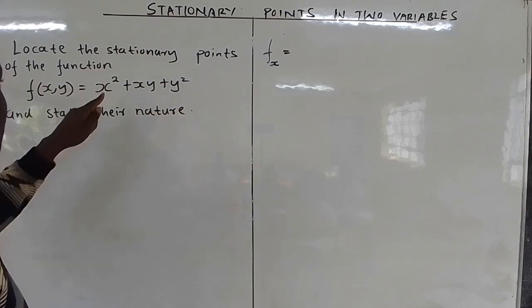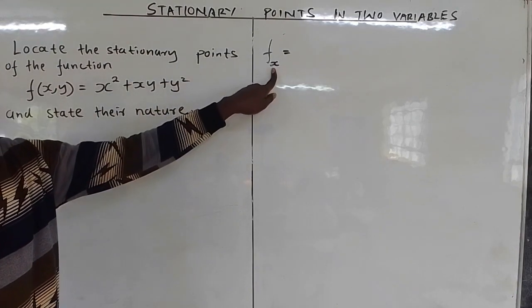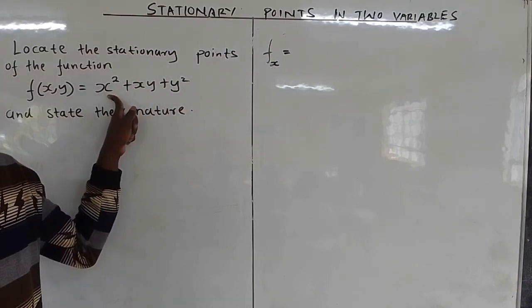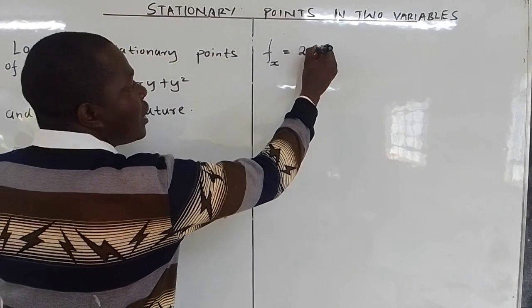So our function is x squared plus xy plus y squared. When we are doing it partially with respect to x, only x is a variable. Anything else which is not x is a constant. So when you differentiate x squared, you get 2x.